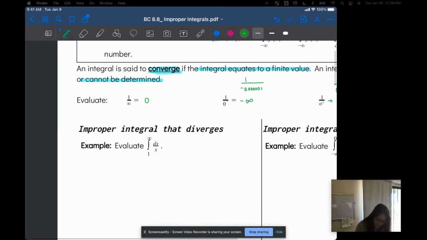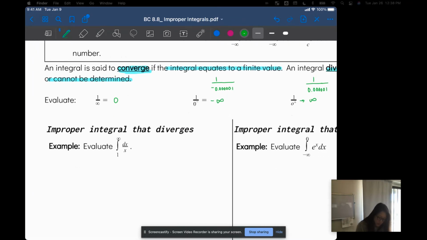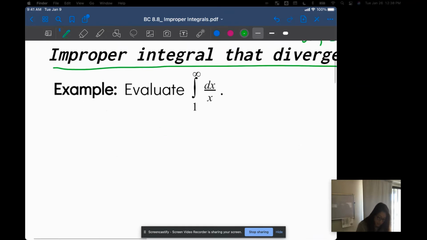So we're going to start with an improper integral that diverges, meaning we end up going to negative infinity or positive infinity, or the area is undefined. I have a bound of positive infinity.